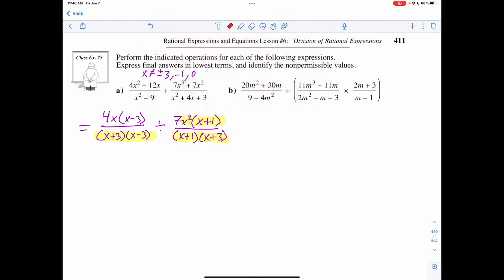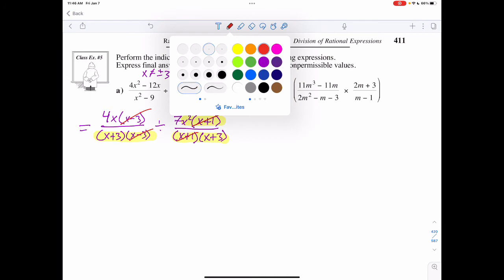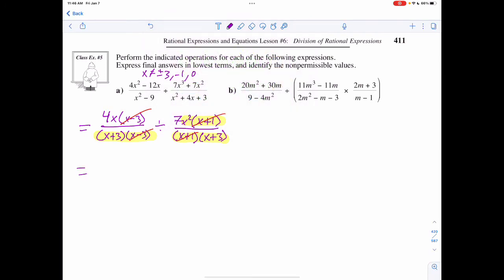And before I even flip here, I can actually start canceling out. x minus 3, x minus 3, x plus 1, x plus 1. These ones can actually already be reduced. I'm going to take the reciprocal, 4x over x plus 3, multiplied by x plus 3 over 7x squared.